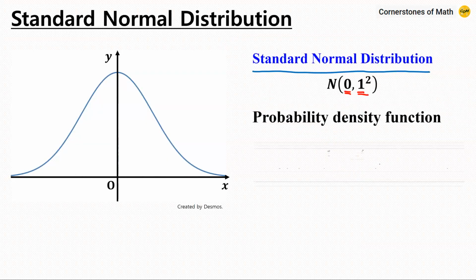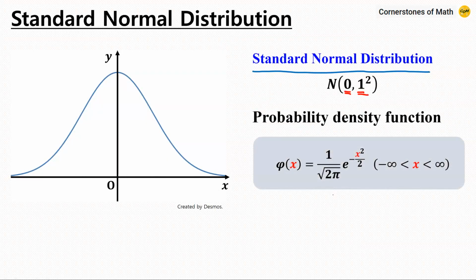Then we obtain this function, 1 over square root of 2 pi times e to the minus x squared over 2. Since this is a special normal distribution, let us use phi(x) for its probability density function. So we can easily understand what standard normal distribution is, but the important and appropriate question is, what is so special about this standard normal distribution?